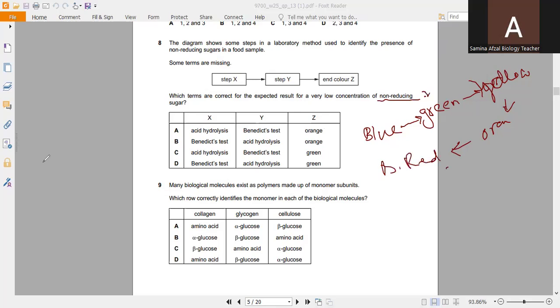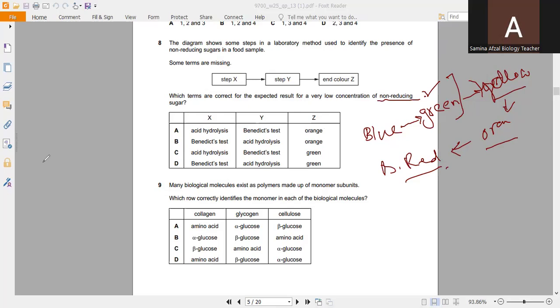Green carries the lowest amount. If the reaction stopped at green, it means it carries the lowest amount of sugar. Yellow is more than green, orange more than yellow, and brick red the highest amount. So in this way, we can come to know which one is the answer.